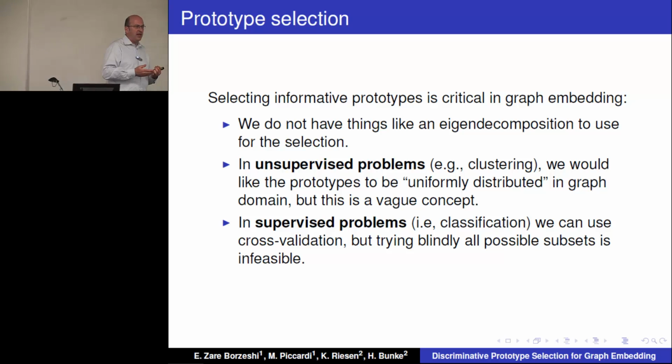So these problems have led to the fact that in this field of literature, all techniques to select sets of prototypes are heuristics. Heuristics that try to look at the most plausible way to search for a good set of prototypes for embedding, and of course then validate this choice by measurement of cross-validation accuracy.